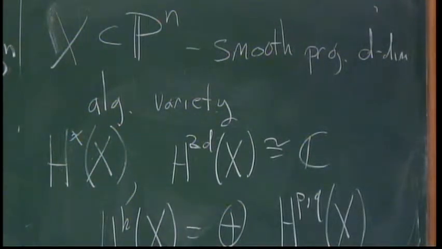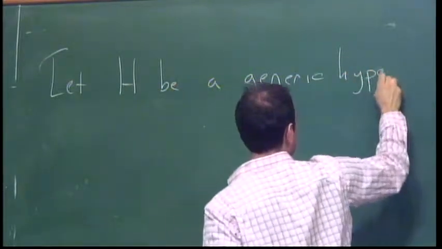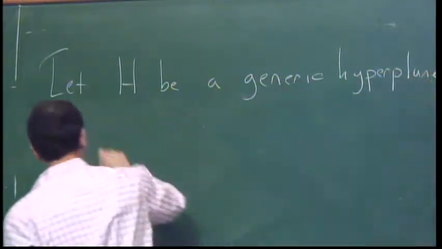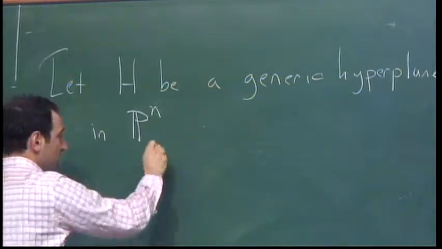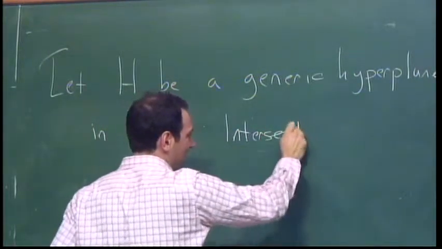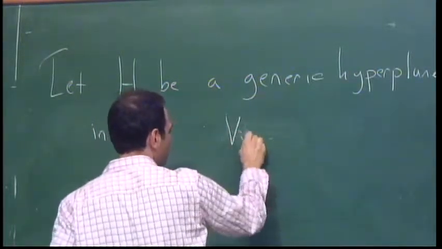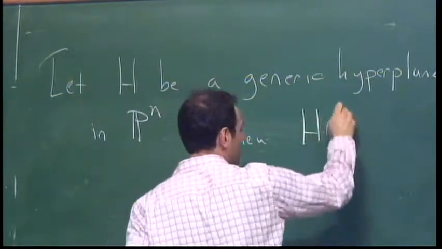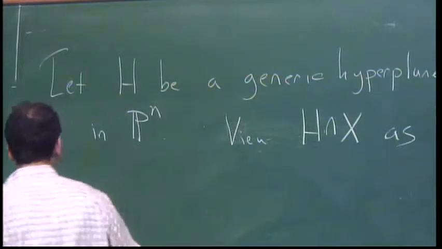Then if H is a generic hyperplane in P^n, intersecting with H gives you a Lefschetz element. So we're going to let H be a generic hyperplane in P^n, then we can view intersecting with H as an element of H^2. So I guess we'll view H intersect X as a codimension 2 cycle.